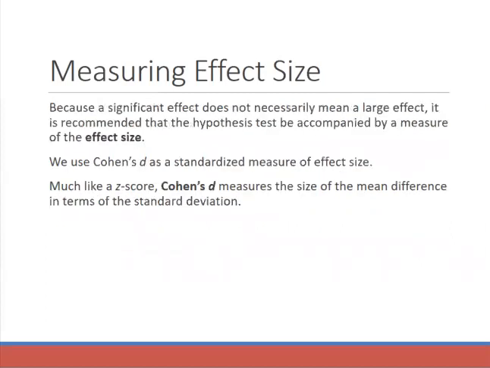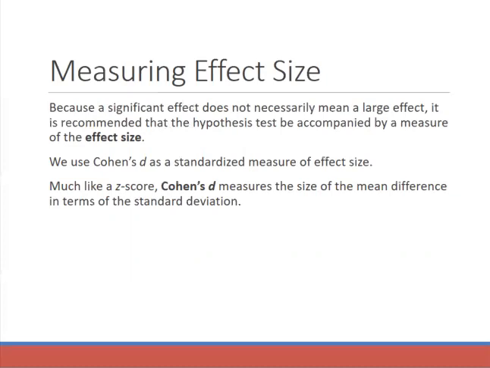And so, often in addition to hypothesis testing now, we use what's called effect size. The goal of effect size is to measure the absolute size of the treatment effect that's not influenced by the sample size. Remember that when we're dealing with hypothesis testing, our standard error of the mean is influenced by sample size.